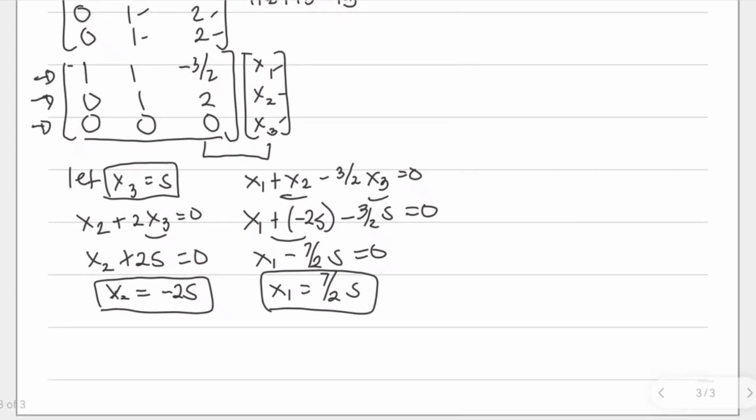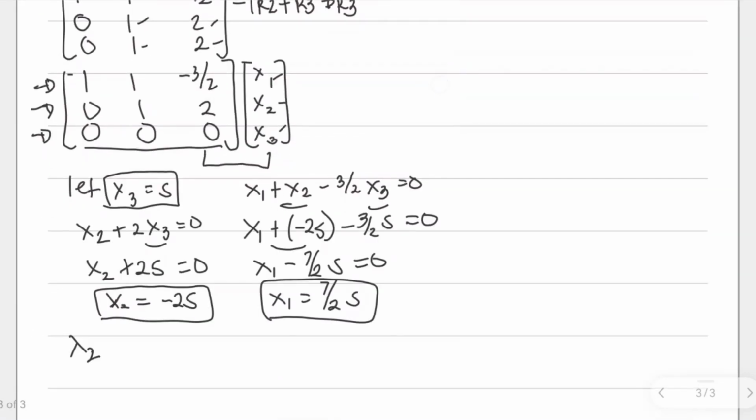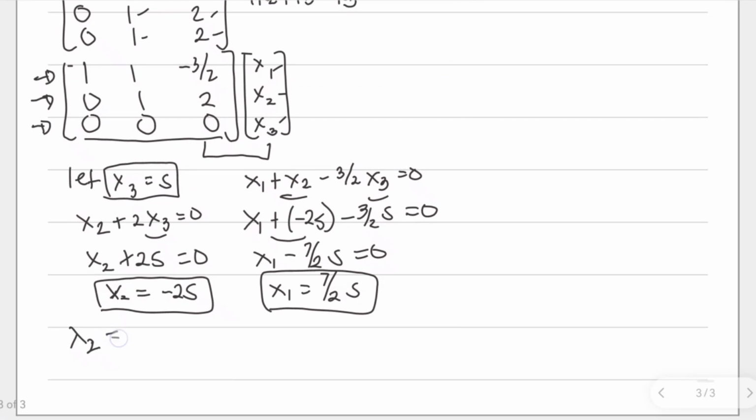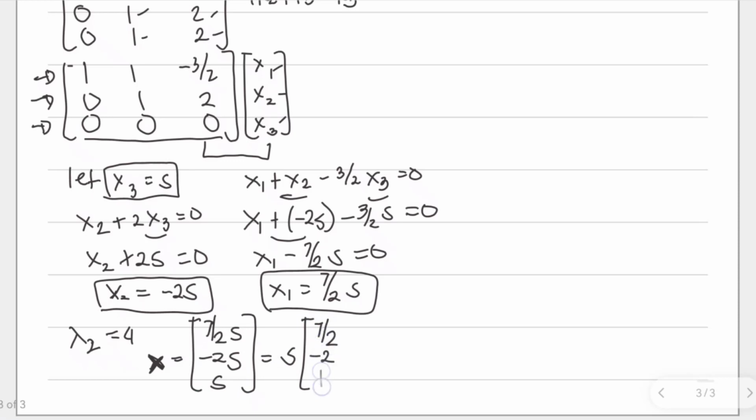With all of this, since our eigenvalue here is 4, its corresponding eigenvector can be shown in this manner. So you have your eigenvector here, your entries: x sub 1 is 7 halves of s, x sub 2 is negative 2s, and our x sub 3 is s. Factoring s, you have 7 halves, negative 2, and then 1.